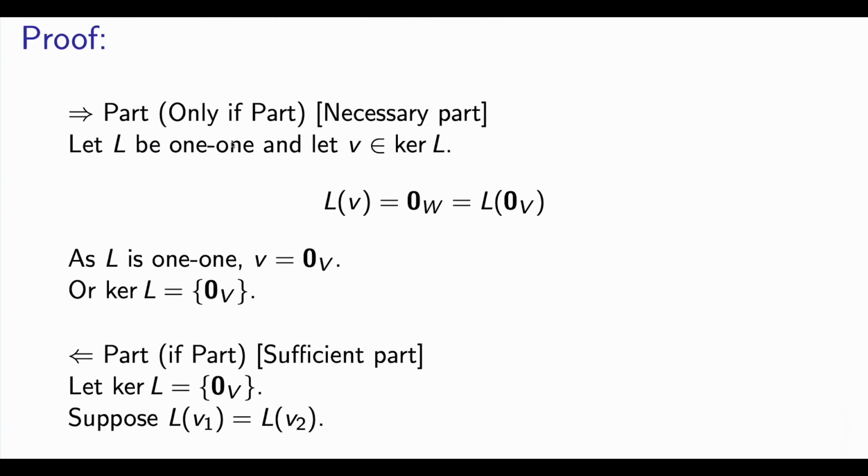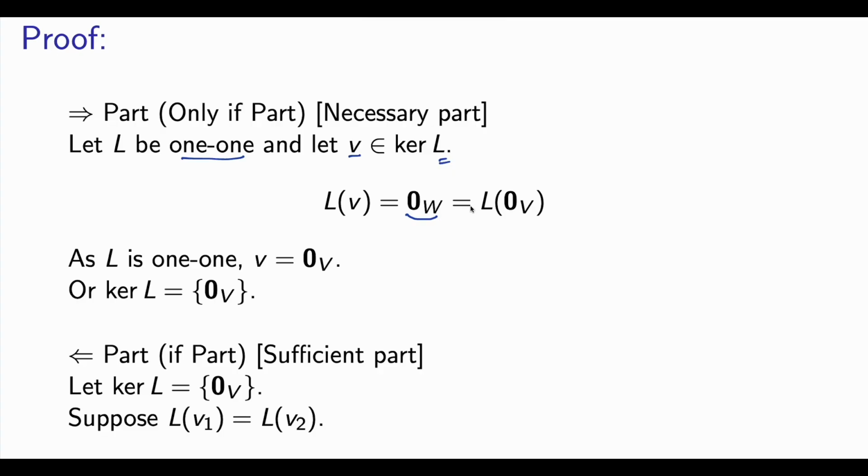Necessary part: suppose L is 1-1, right? And let any V belong to the kernel. Then we have to show that the kernel contains only the 0 vector, right? Since V is coming from the kernel, L of V goes to the 0 vector of W, right?